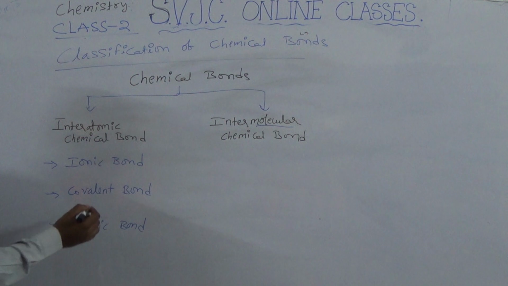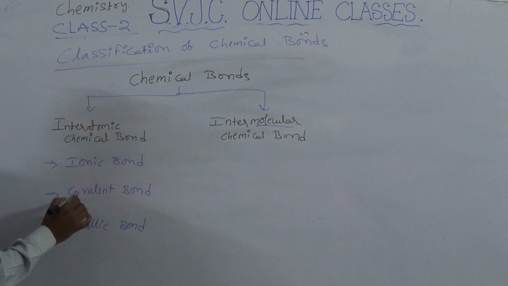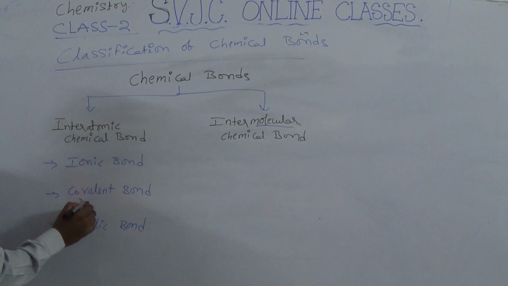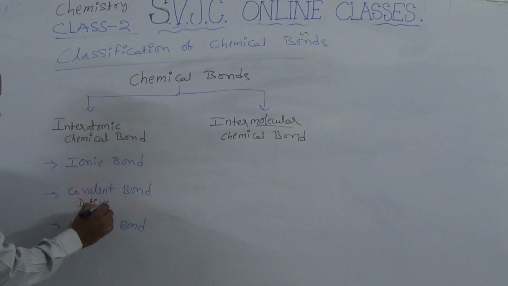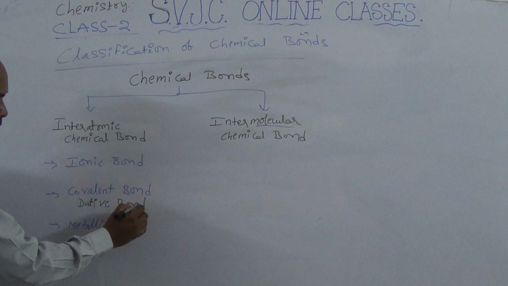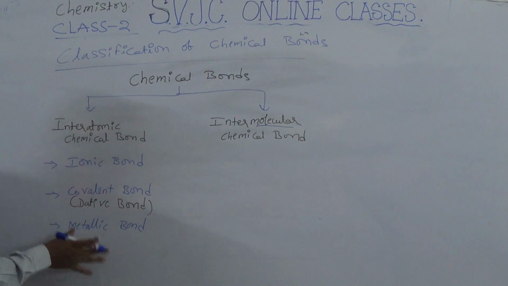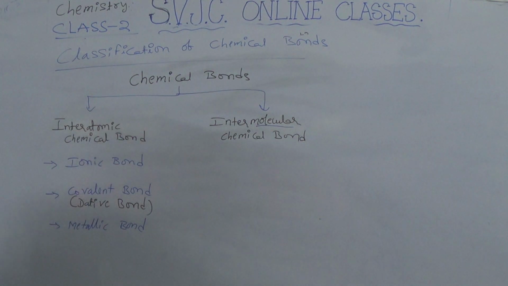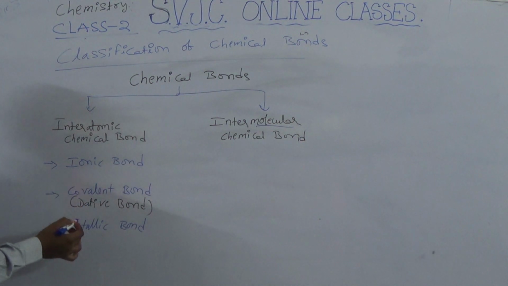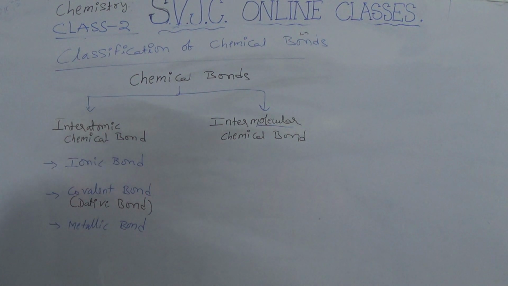You already know the covalent bond has one exception, the coordinate covalent bond, simply called the dative bond. Including the dative bond there are totally 4 types, but I classified them into 3 types only: ionic bond, covalent bond, and metallic bond.